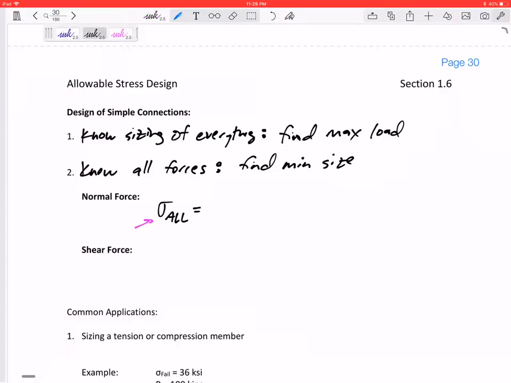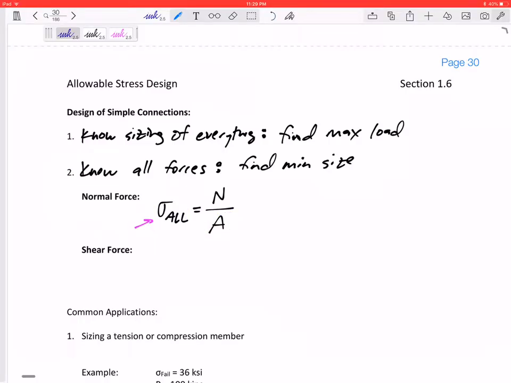And normal stress we know is N over A. All right, so case number one, we know the cross-sectional area of the cable. We know the stress. We're trying to solve for the maximum N, or the maximum force.